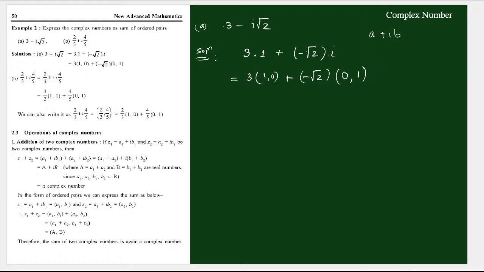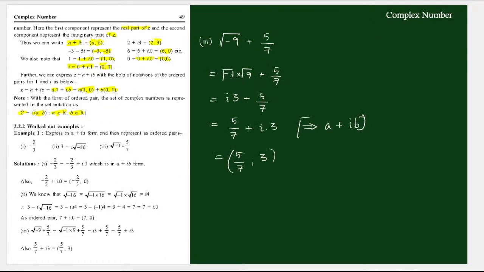Okay, so you can try to do part b like this. See here, writing in the sum of ordered pairs: a plus ib, a into 1 plus ib.